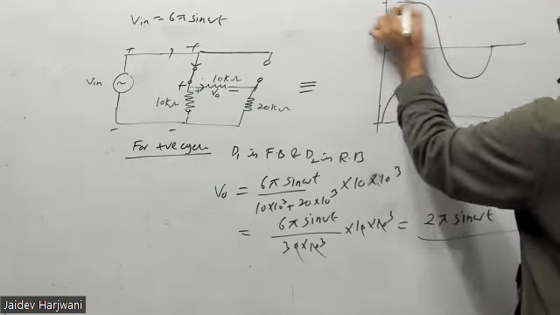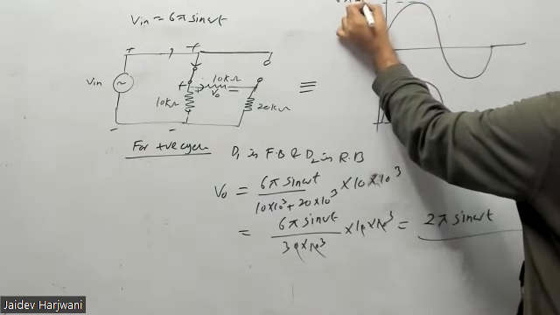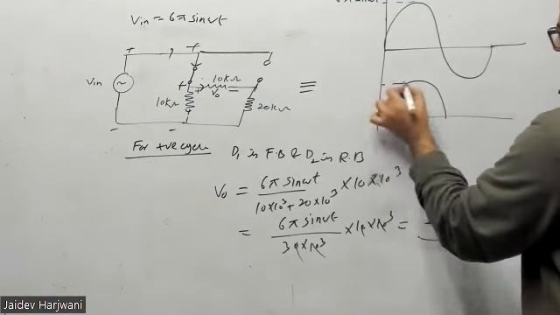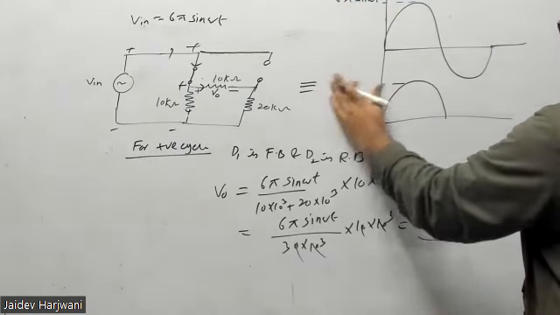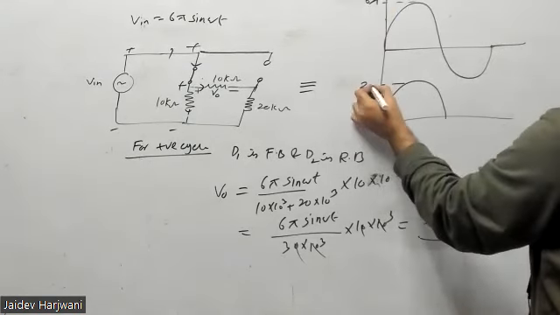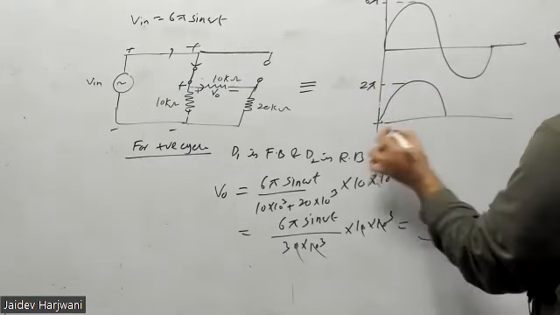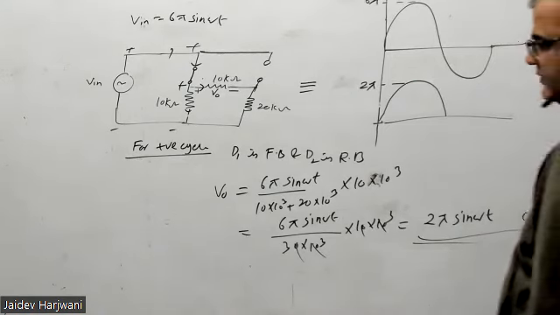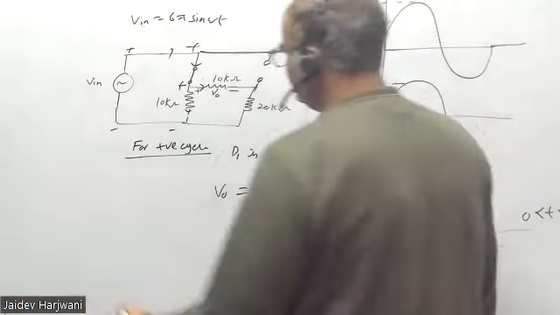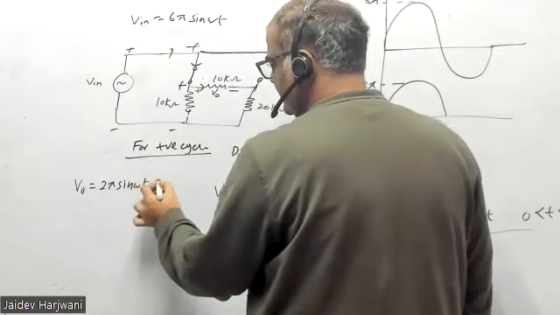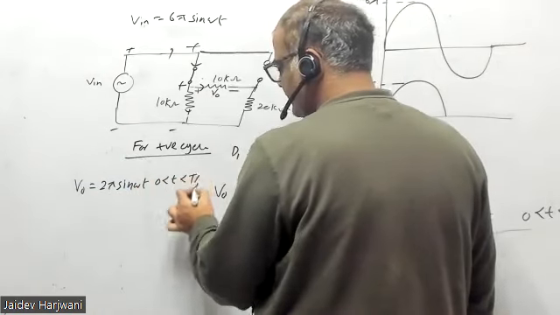This is coming 6 pi sine omega t, and I'm getting here 2 pi. 6 pi is the maximum value, and here I'm getting 2 pi. Okay, I got a function. This is between time period 0 to T by 2. So I got my V naught equals 2 pi sine omega t for 0 to T by 2.